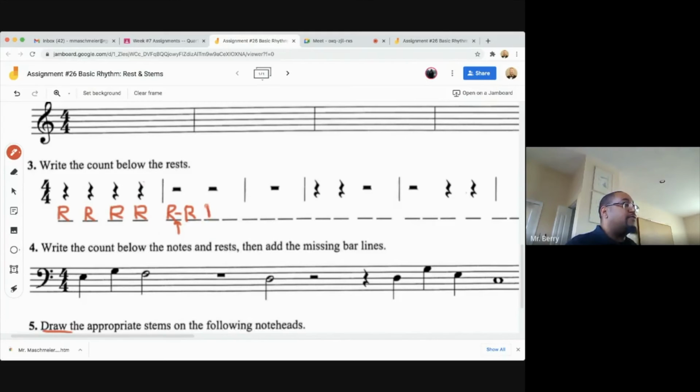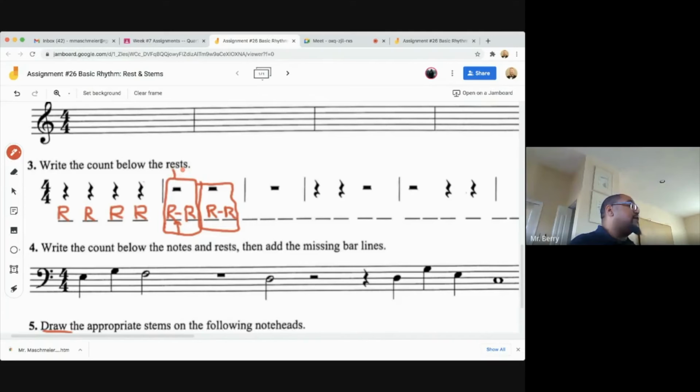We're going to do this for the half rest and for the whole rest. To close this measure, we have another half rest, so we're going to put R-R. The first 2 R's are covering beats 1 and 2 of the measure, and the last 2 R's in that measure are covering beats 3 and 4 of the measure, okay?